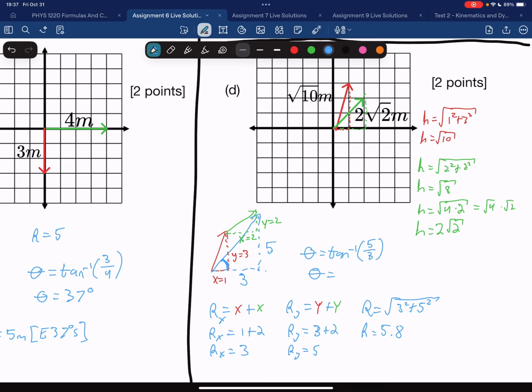Theta equals, I get 59 degrees here. So my final resultant vector is 5.8 meters. And this is east. We are going towards north. We're going up. So this is east, 59 degrees north.